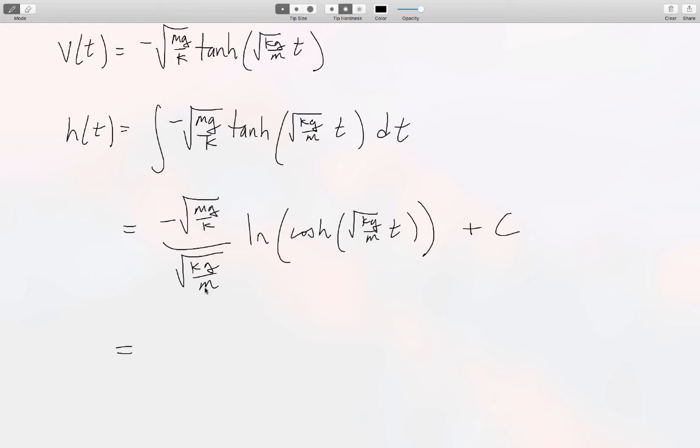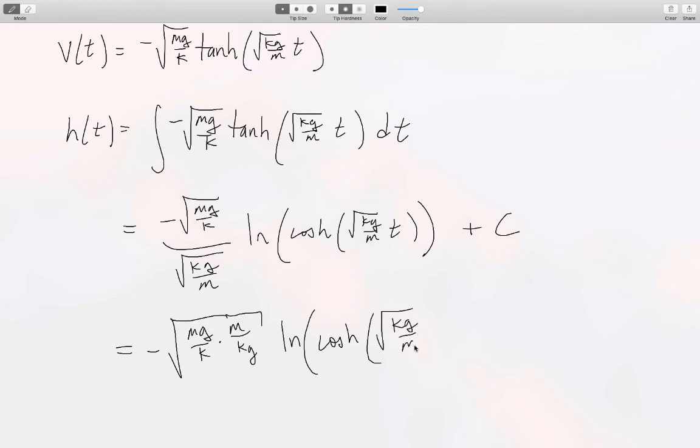Now these are both square roots, and I can combine it into one big square root. Let's say it would be mg over k, that's on top, times, when this thing gets flipped because it's on the bottom, this is m on top and kg on the bottom, ln cos hyperbolic square root kg over m. Now let's see, g's cancel in this.